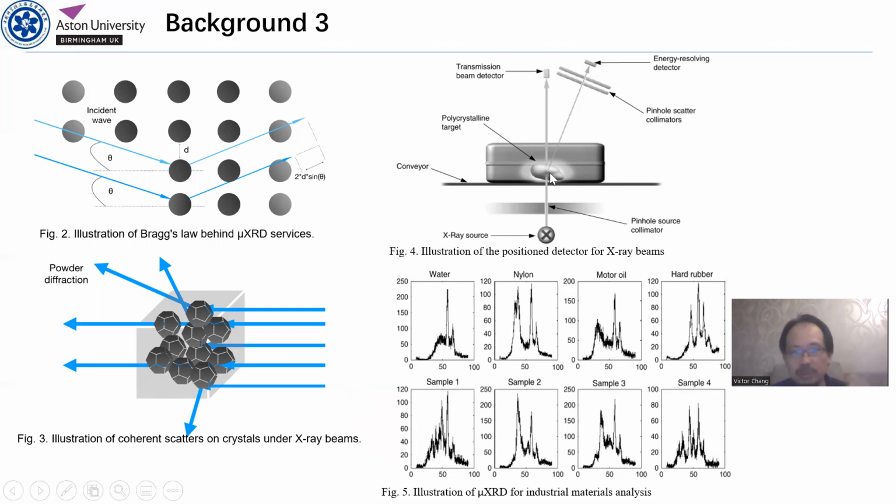You can perform an experiment accordingly and get the results in such a way. Here are illustrations of micro-XRD for industrial material analysis: you can investigate water, nylon, motor oil, and hard rubber, to understand how the particles behave inside those materials.